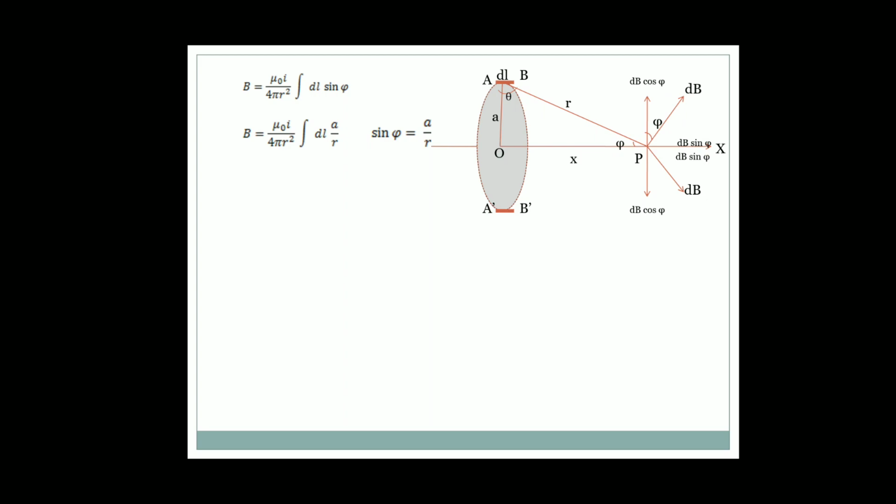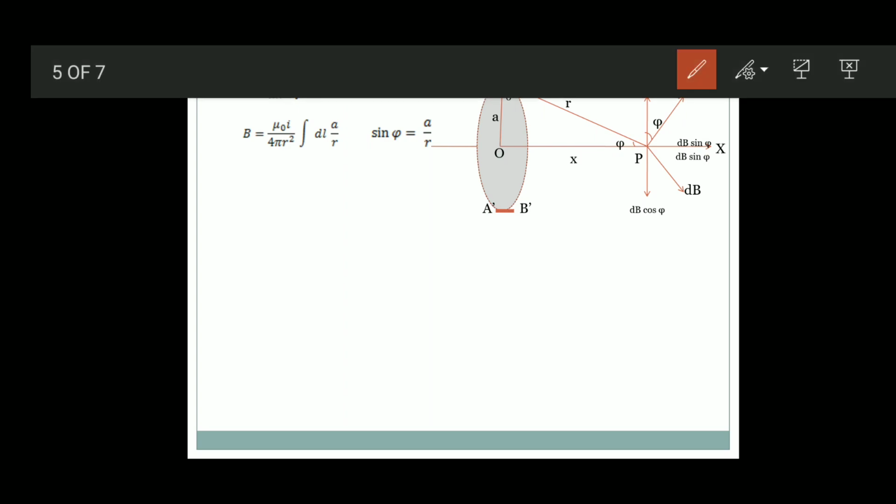Then B, the intensity of magnetic field due to the total circular loop, is equal to mu naught I by 4 pi r square into integration dl into a by r.